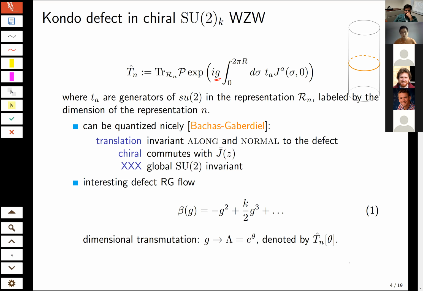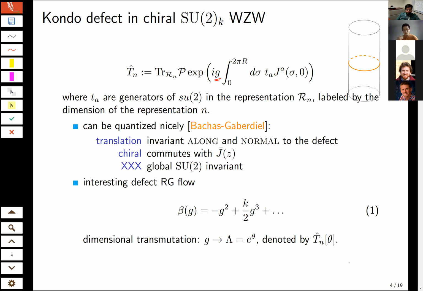So we have a one-parameter family of this Kondo defect, and instead of labeling the defect by the coupling, I will instead use the scale theta here.